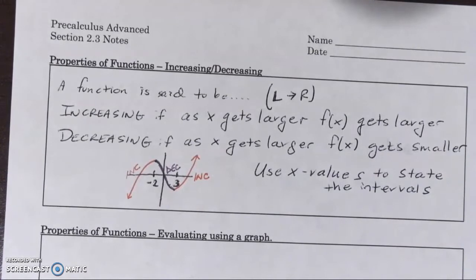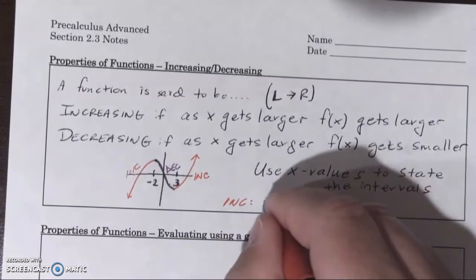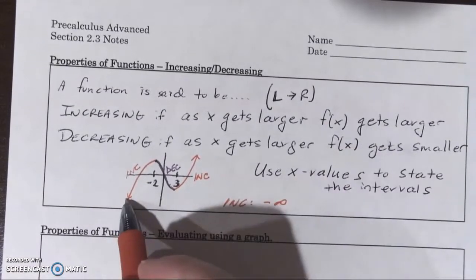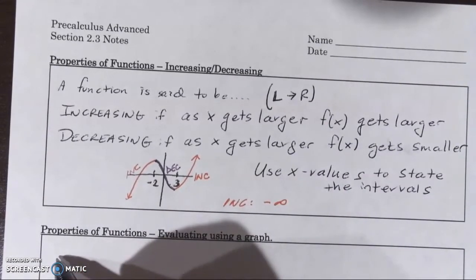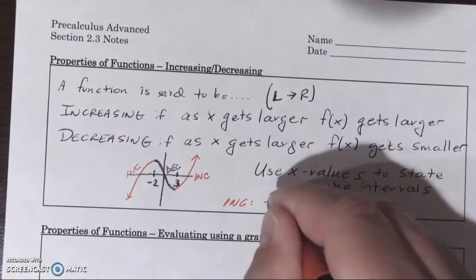So if I wanted to tell you where this graph was increasing and decreasing, it would be very simple. It would be increasing on the interval of -infinity. So we have an arrow here, meaning this is going to go all the way to the left, never going to stop. So from left to right, -infinity, all the way to -2.